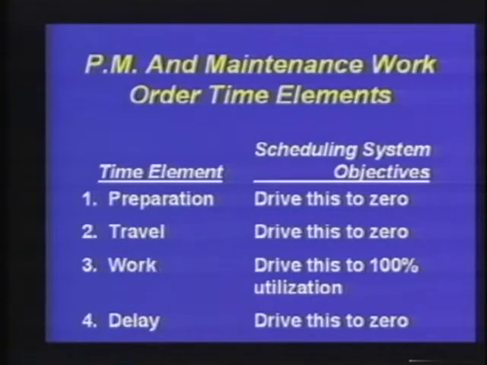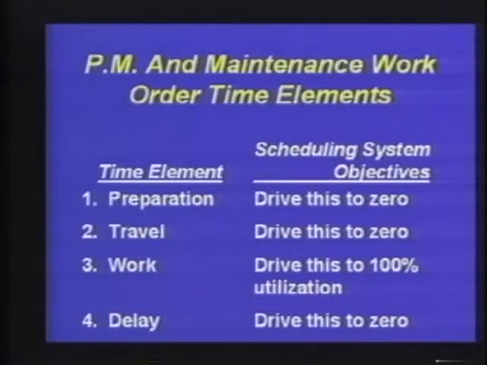So here we have to set up the communication of the storeroom personnel to communicate to planning and scheduling that preparation is complete. In other words, this work order is ready to be released. The travel time is an element of where we could mobilize, if you will, the workforce so that we can reduce travel time, both to and from the job site.